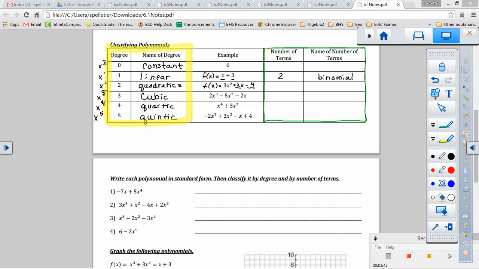So if we look at the second box, we kind of started off already, and I'm going to get rid of this example now because we're not using it to tell how many terms there are. This one had 2 terms. This one, with the 6, has 1 term, and so that's just a monomial. I think most of you know these. Mono for 1, bi for 2. This one has just 1 term, the 3x squared, so it is also a monomial.